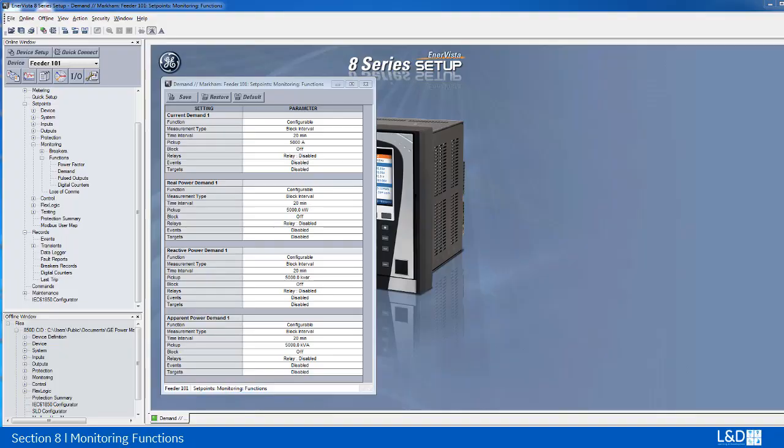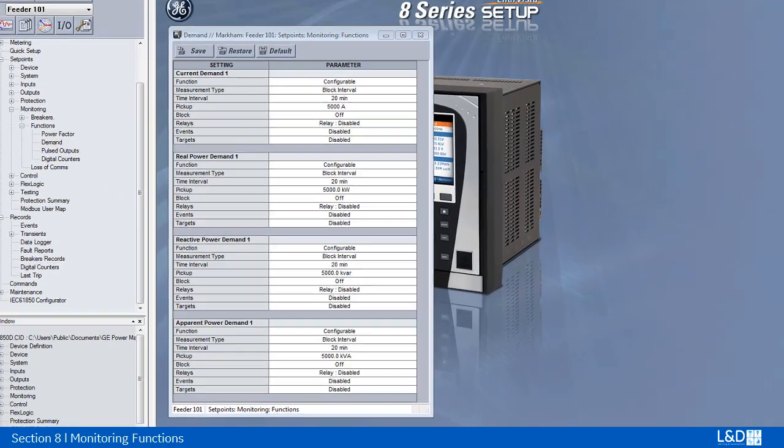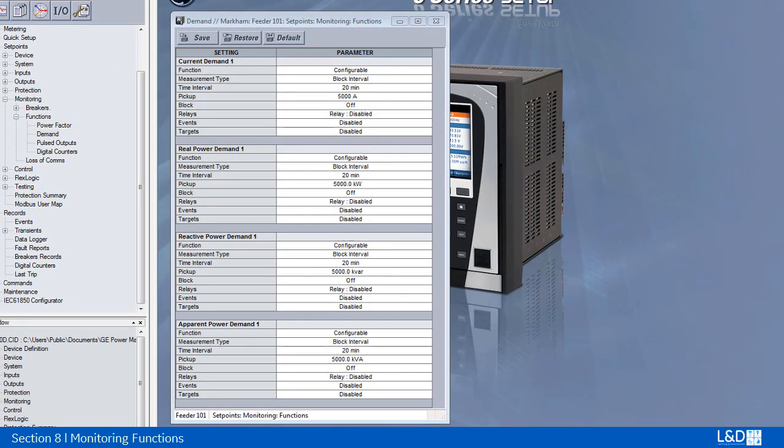Current demand is measured on each phase and on 3 phases for real, reactive, and apparent power. Set points allow emulation of some common electrical utility demand measurement techniques for statistic or control purposes. The relay can be set to calculate demand by any of 3 methods.